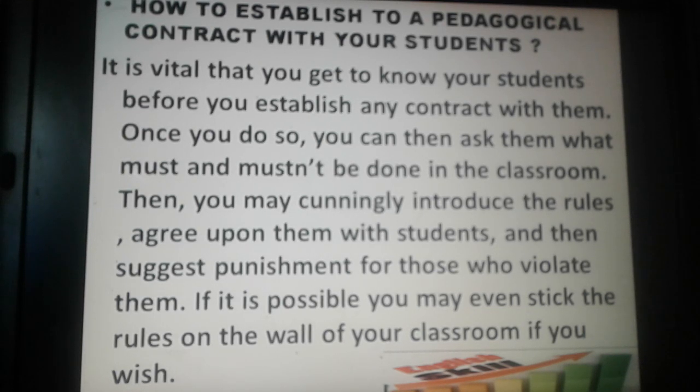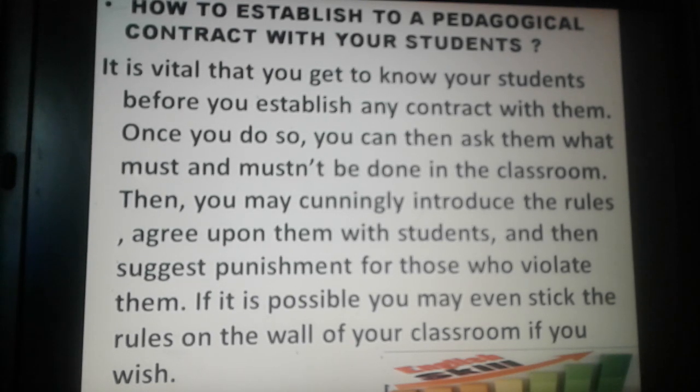For example, as a punishment, and this is just my suggestion, a student can clean the classroom of all the chewing gums that are stuck on the tables, the walls, etc. So the important thing here is that students give and suggest punishments that are accepted by them.